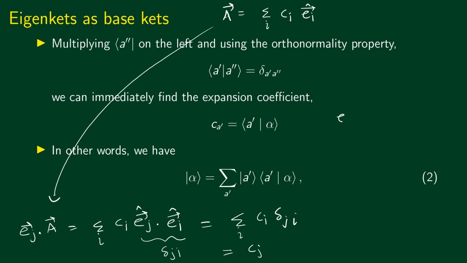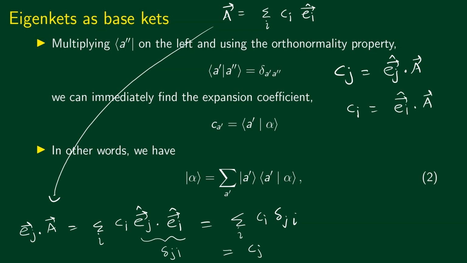Okay, so you see that Cj, the expansion coefficient corresponding to the base vector Ej hat, can be written as Cj is equal to Ej hat dot A vector. Or in general, Ci can be written as Ei hat dot A vector.